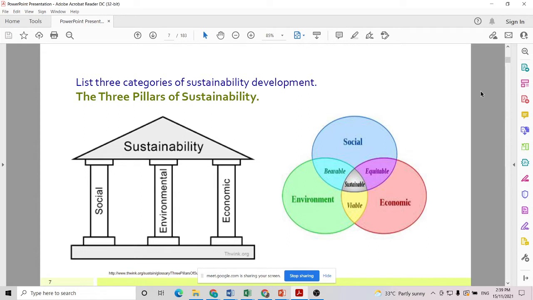These pillars sustain all the relevant factors that uphold sustainability, which are the social, meaning the interaction of individuals with society, the environment, and lastly the economic. These are the 3 most important factors that sustain sustainability.